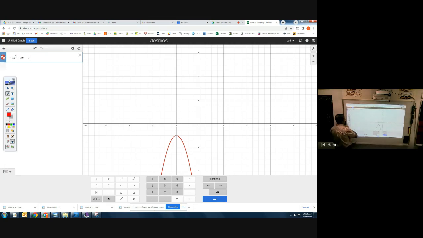Anybody know what the y-intercept on that is? I think you can zoom out, can't you? No, it's 0, negative what? 0, -9. What would be the answers to that? I don't think there is one. Not the answers.